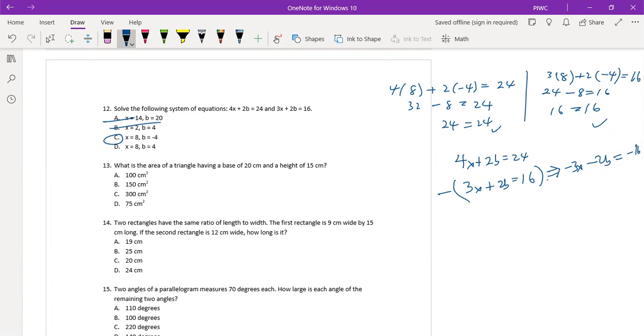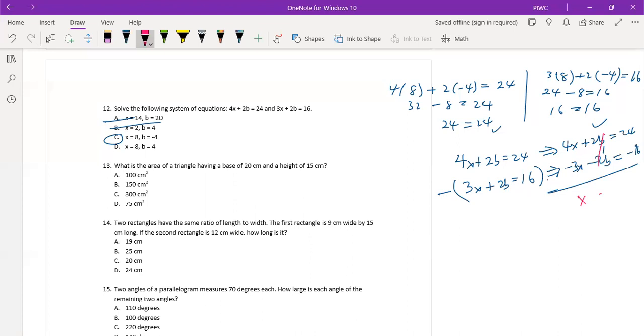This one will remain the same. So I'm going to rewrite this. 4x plus 2b is equal to 24. And then you add these two equations. If you add the two equations, this will cross out.